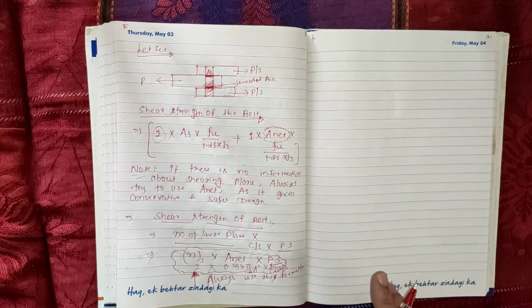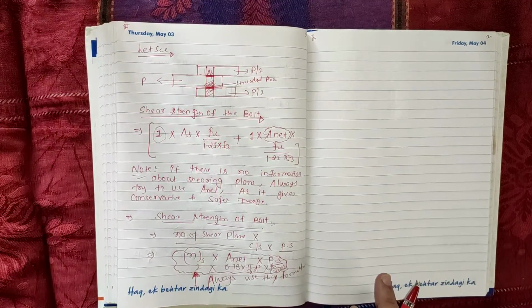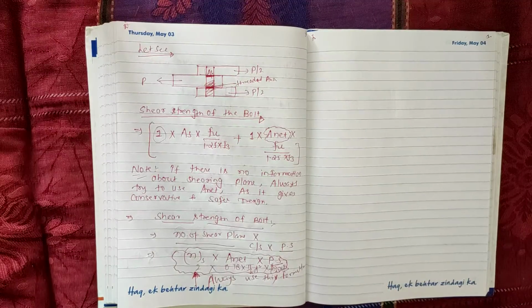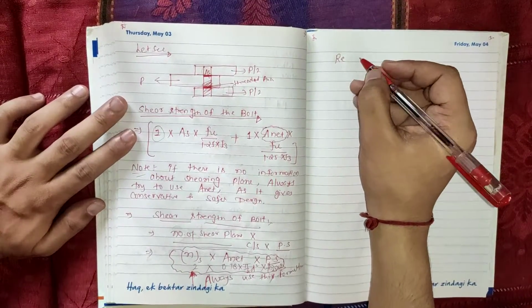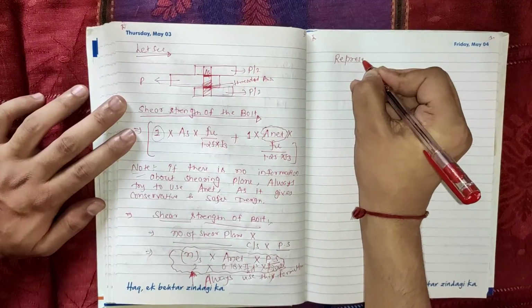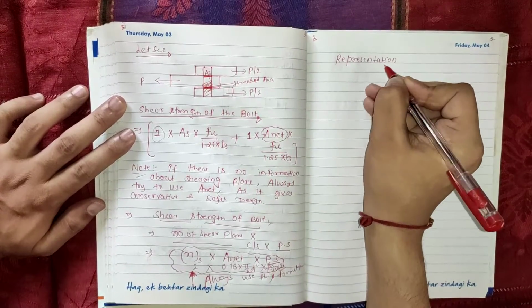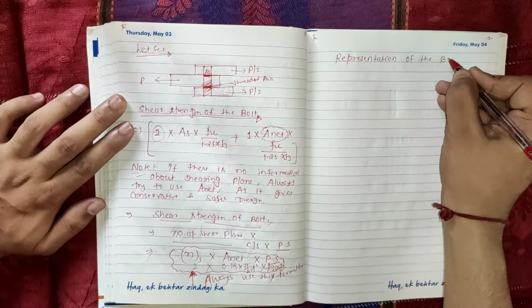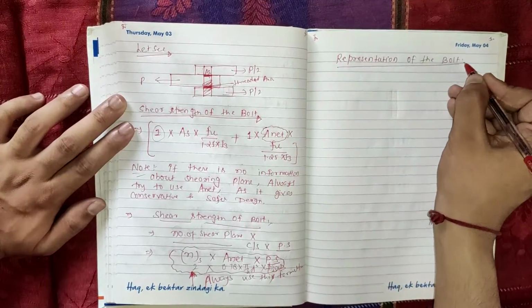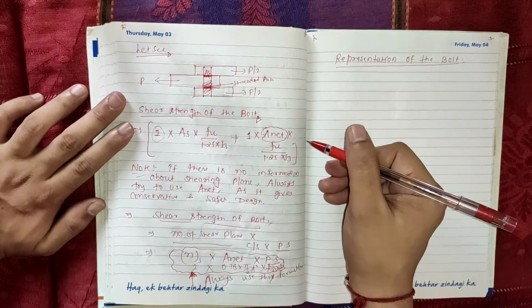Okay, now what do we need to know? You need to know everything. You should know about the theory, what is this and what is that, you must know. So now I am telling you about the representation of the bolt. We have different grades and different types of bolt.